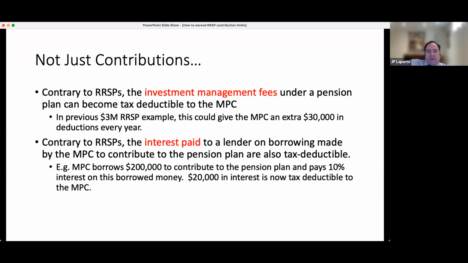And then on top of that, if Dr. X had borrowed money from a line of credit or elsewhere, the interest paid to the lender is also a tax deduction for the medical corporation.